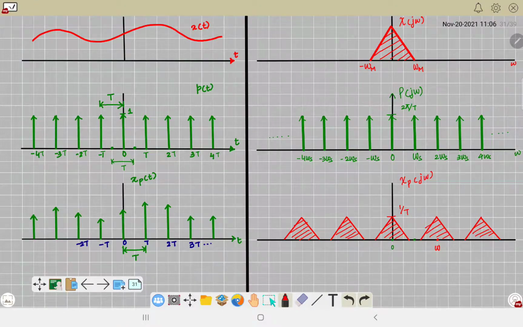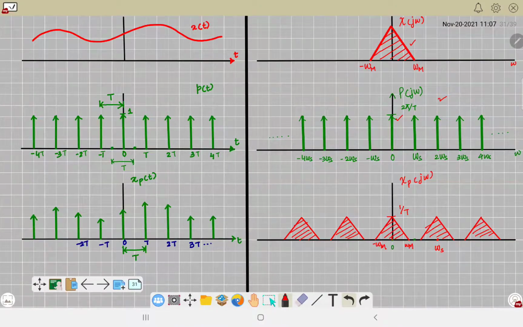Now here, if we had used the same scale as this, there would have been a little overlap, but you should remember this is ω_s. So this band from here to here will be from minus ω_m to ω_m. This will be a result of multiplication of this with this impulse.